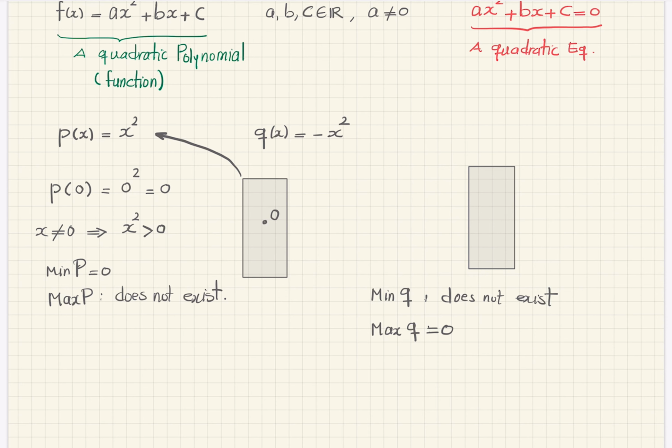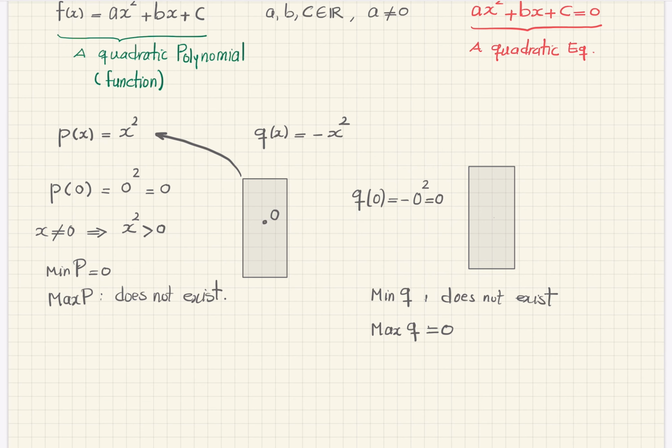Okay. Why is the maximum equal to 0? First of all, I need to show that 0 is indeed in my bag. Yes, 0 is in my bag. Why? Because if I calculate q for the point 0, I get minus 0 to power 2, which is again 0. So this output 0 is achievable, and it is achieved when x is equal to 0.